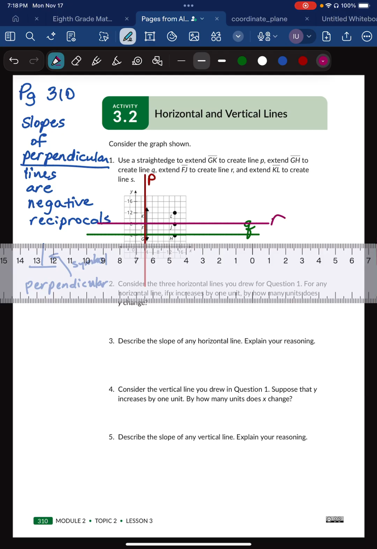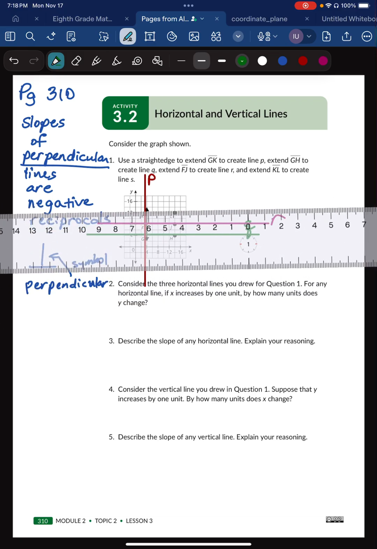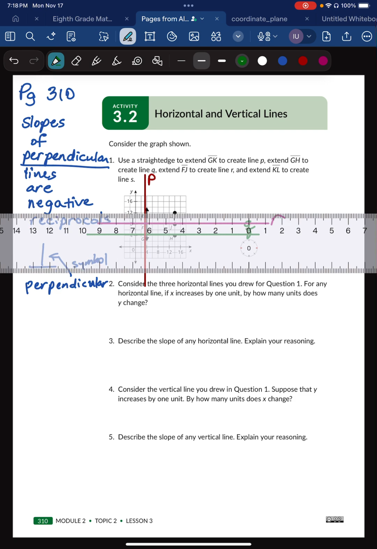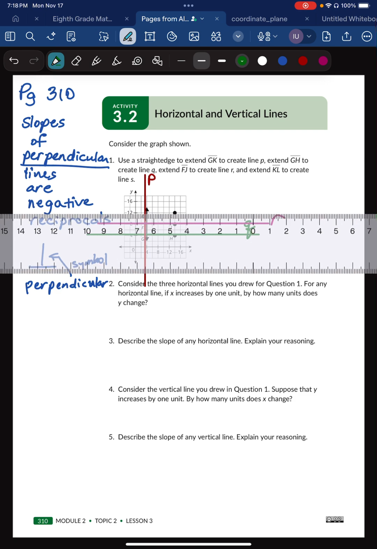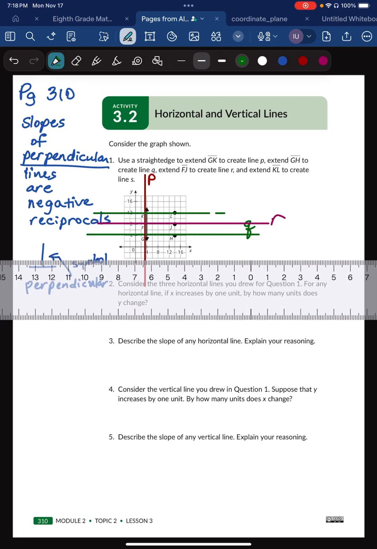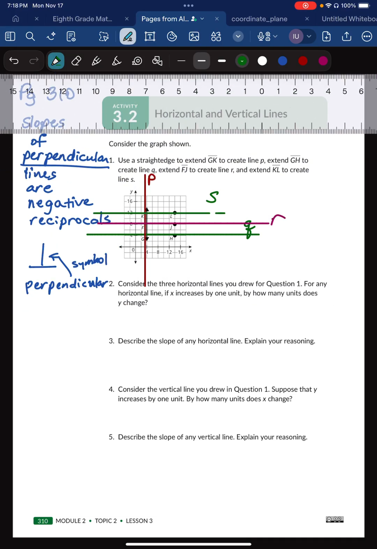And then we're going to extend KL to create line S. Okay. So now that we have those done, let's see what it says to do next. Okay, consider the three horizontal lines that we drew for question one.